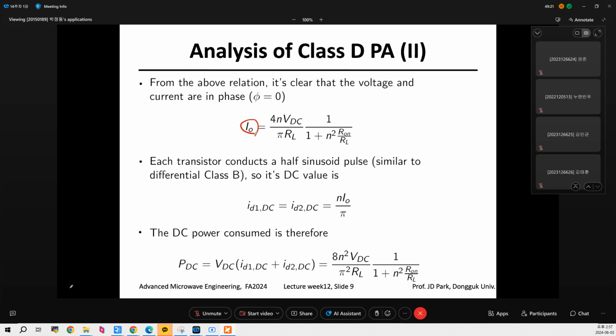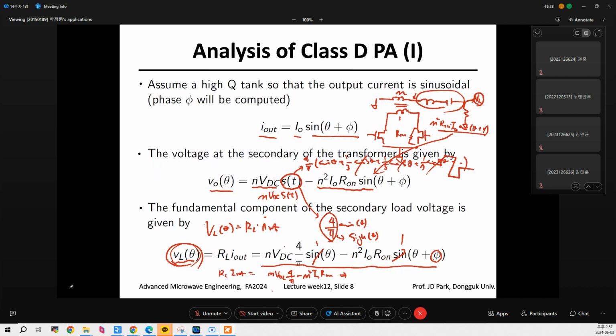So I0 times RL plus N squared R on, I out equals N VDC 4 over pi.